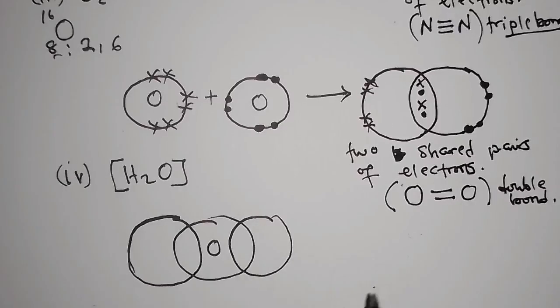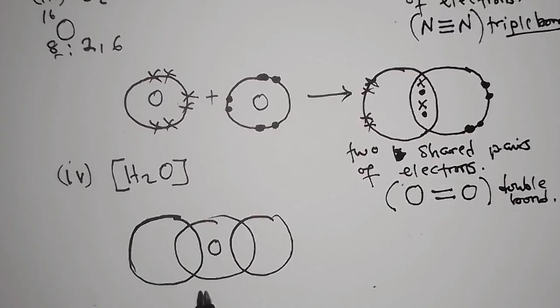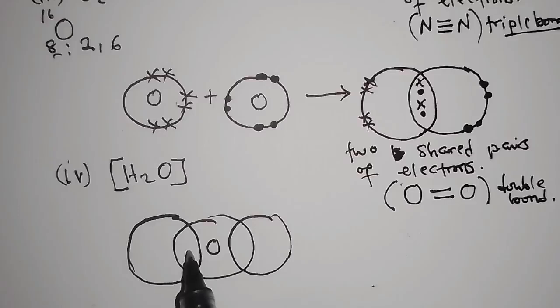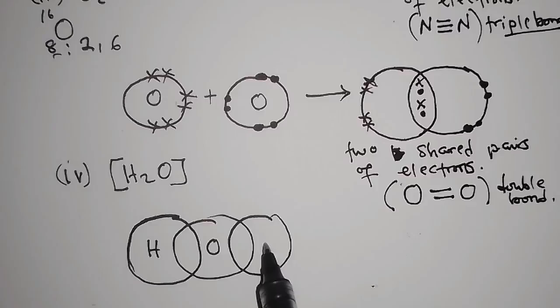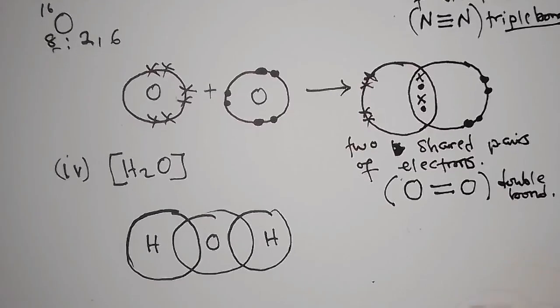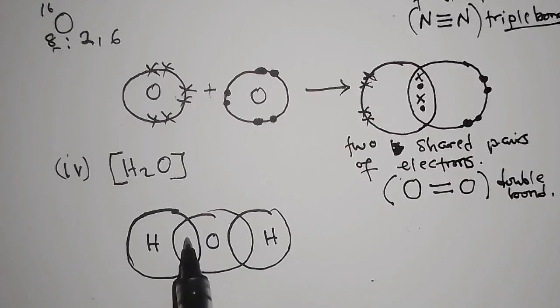We know that hydrogen has only the one electron.